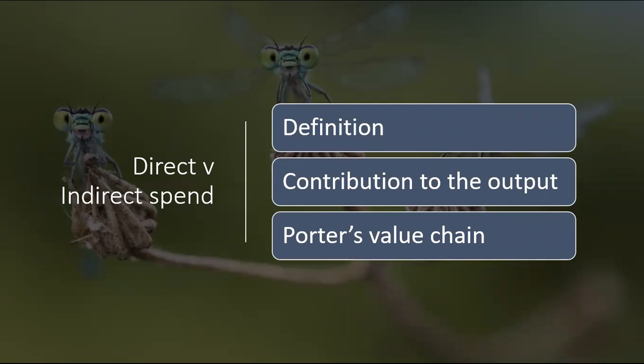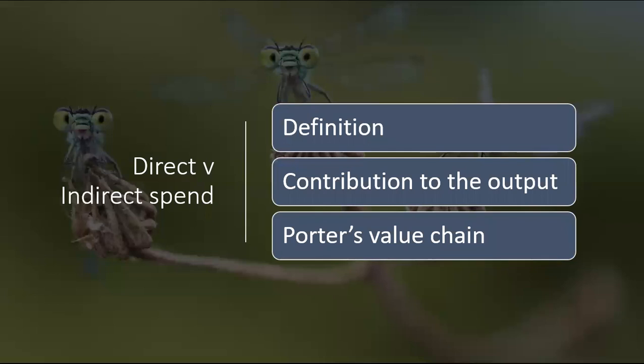So let's come back to the question. One point you should compare here is the contribution of direct and indirect spend to the outcome of an organization. For example, in a manufacturing organization, direct spend will contribute to the final quality of the product.